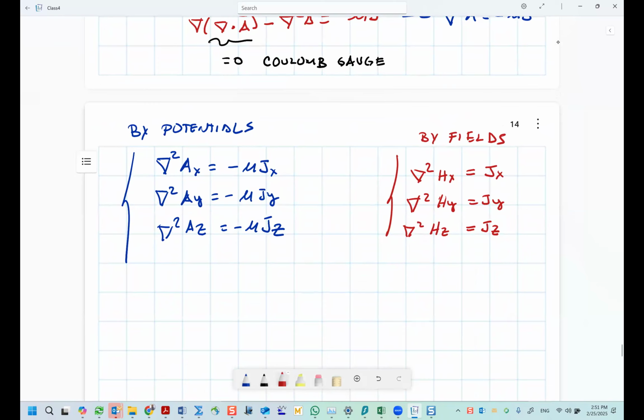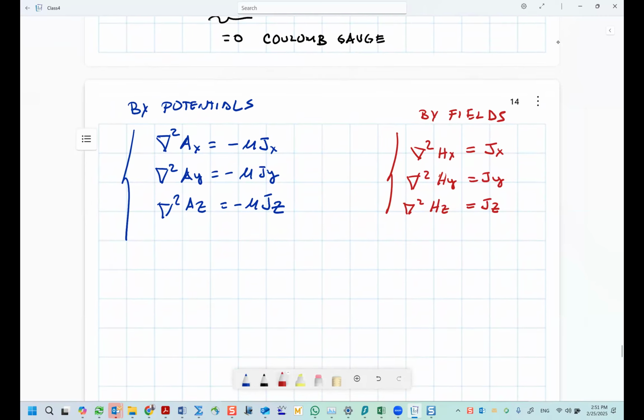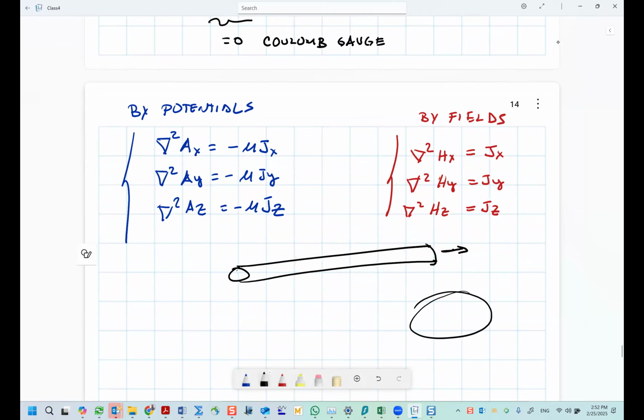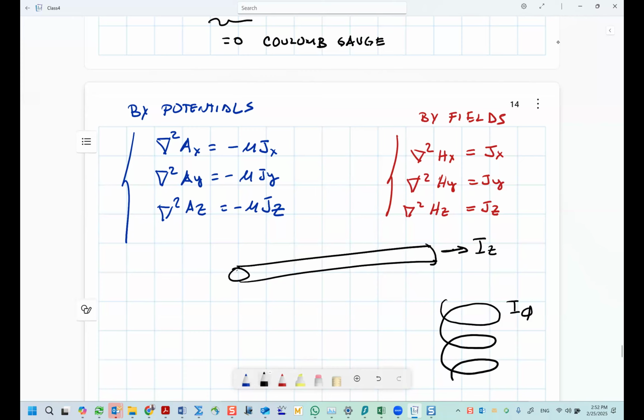But the difference is that in general, most of our problems are in a way that, let's say, a conductor is like that. A winding will go like that, like that, like that. So here the current is in one direction, let's say Iz. Here the current is in one direction, I phi.